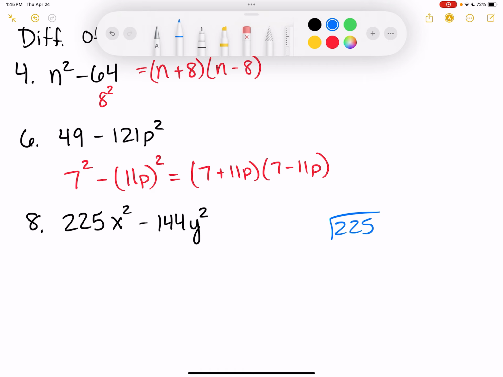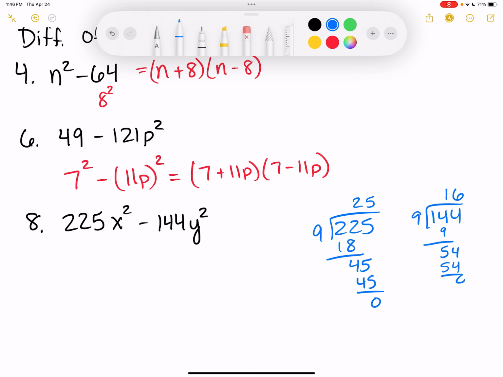So if I take out a 9, that's 2, 18, 4, 5 is 45, and 0. So I can take a 9 out of this and I would be left with 25. If I take a 9 out of 144, I get 16.